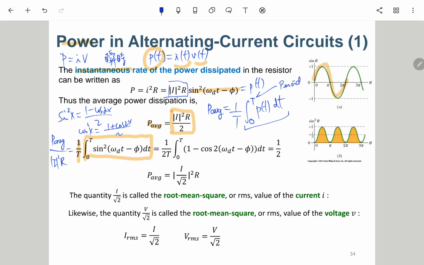So doing the integration for this one from 0 to t is nothing but t. So this t and t will cancel, becomes a 1/2. And then for this one, of course, it becomes a sine of something. But integrating a cosine 2x for 2 periods, actually for 2 periods of it.